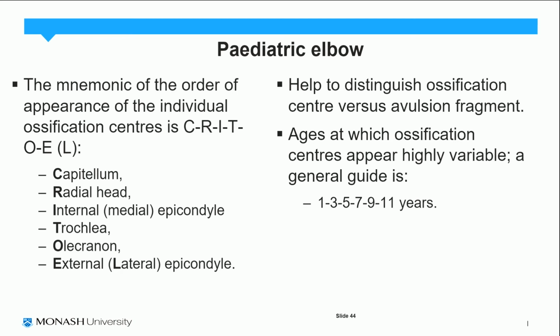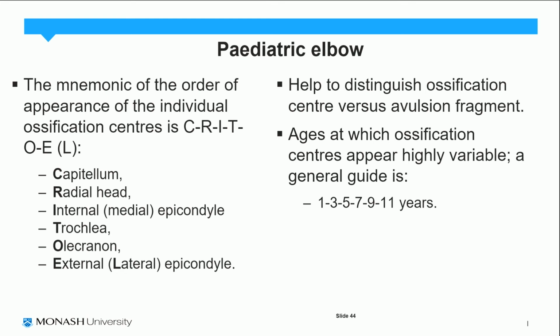In the elbow, ossification centers are important, and the mnemonic CRITOE is very useful to remember. So CRITOE: the C is capitellum, and then radial head, internal or medial epicondyle, the trochlea, the olecranon, and then the external or lateral epicondyle.